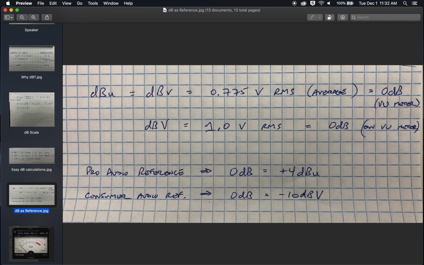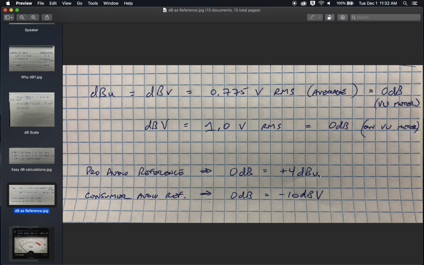And the difference between pro audio gear and consumer audio gear is just the reference point that they're using. In pro audio, 0 dB is equal to plus 4 dBu, which is what you would consider professional line level signal. And a lot of consumer gear, they call 0 dB at minus 10 dB capital V. So these are really equivalent to each other.